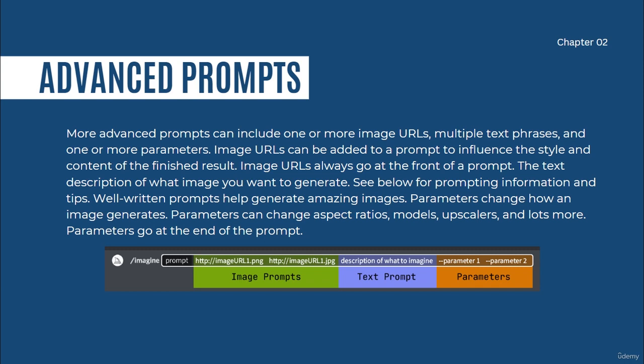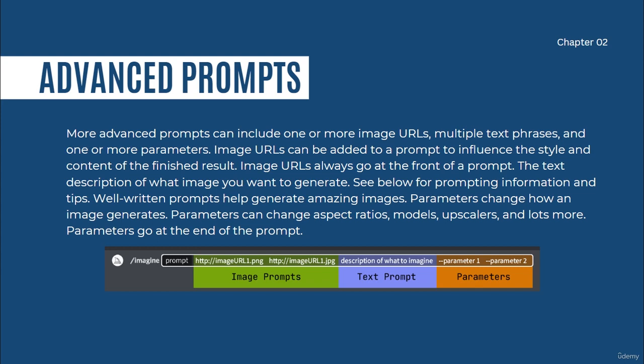Image URLs always go at the front of a prompt, followed by the text description of what image you want to generate. The syntax is going to be the same, as I told you. First of all, you need to write your image, right? The pattern will be the same every time.